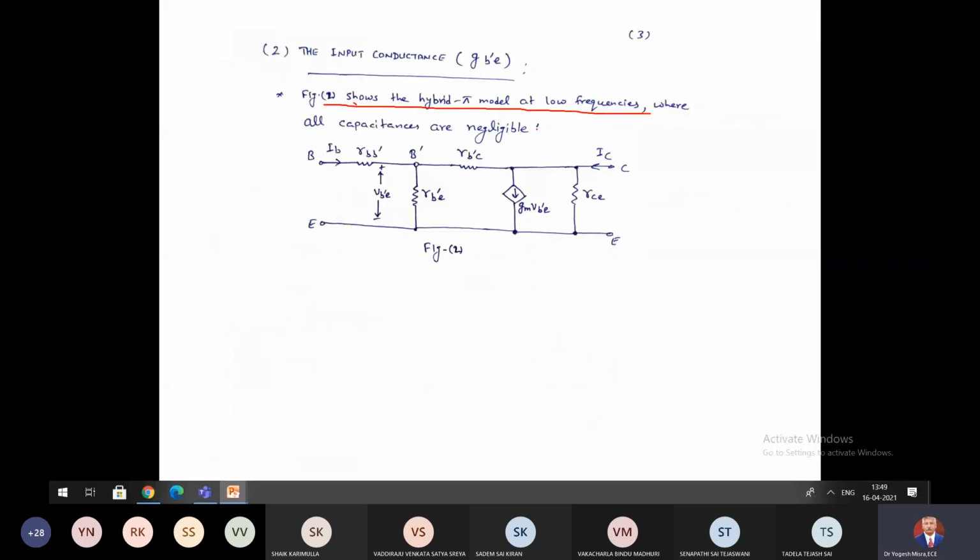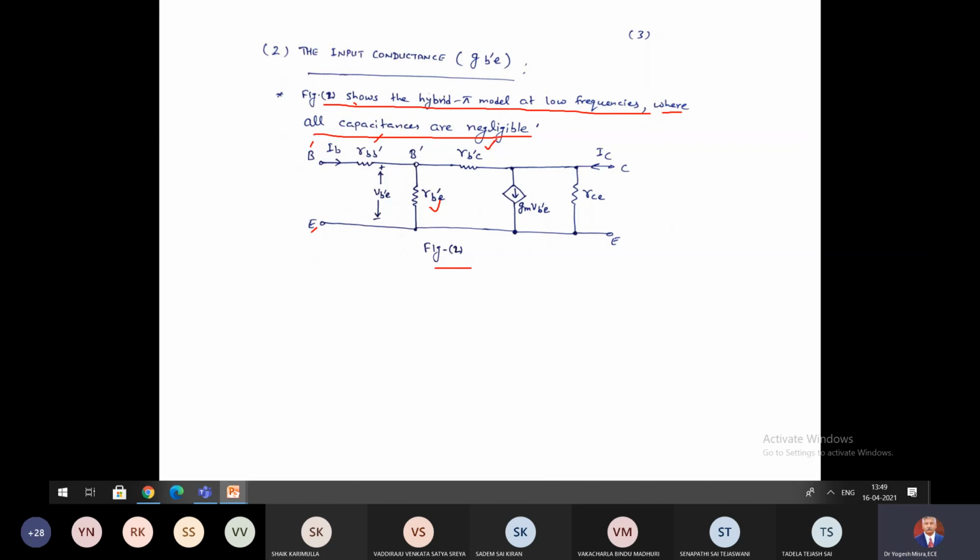So this figure number 2 shows the hybrid pi model at low frequency where all capacitances are negligible. The only thing I have done is removed the capacitances because they are acting as an open circuit. Here, this is B, this is emitter, base spreading resistor, and R B dash E, resistance between B dash virtual terminal and emitter.